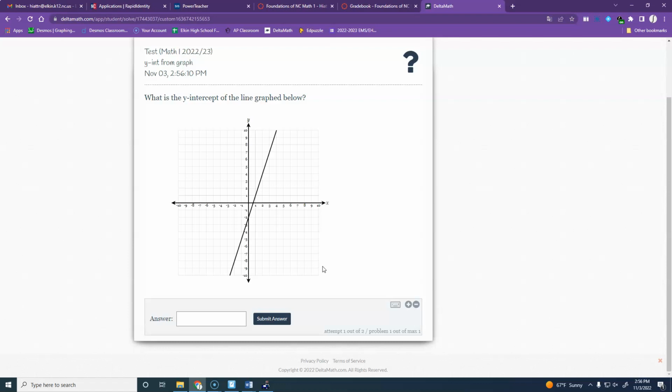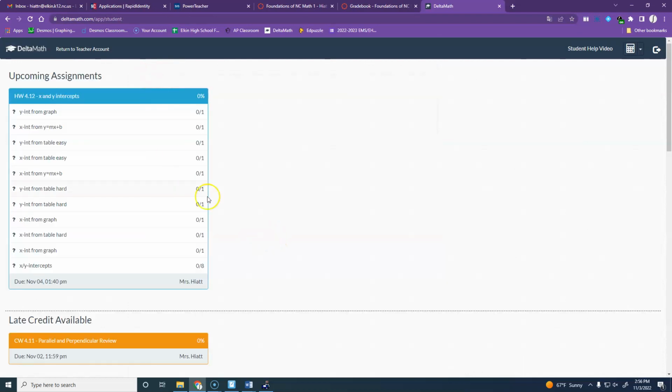Because I had to put those questions in myself because Delta Math did not have it as a possibility, so it doesn't pull from a question bank. As long as I do not start to think that you were just guessing, like putting in stuff that doesn't make any sense at all, it's okay. It also tells me how long you spent on it. If you spend like 2 minutes on the whole assignment and you're clearly just typing in junk, then I will not give you credit. But otherwise, as long as you complete these, it's okay if you miss a few of them. I will give you full credit for the assignment.